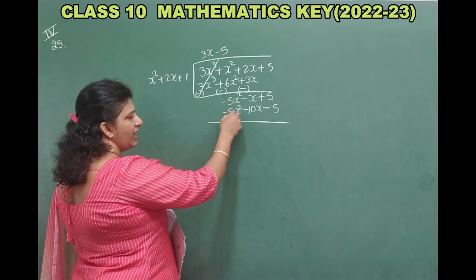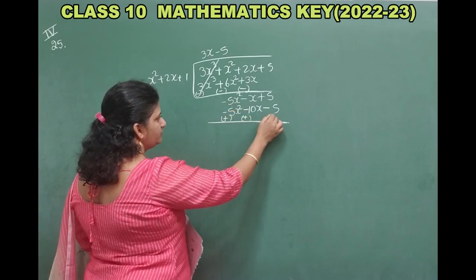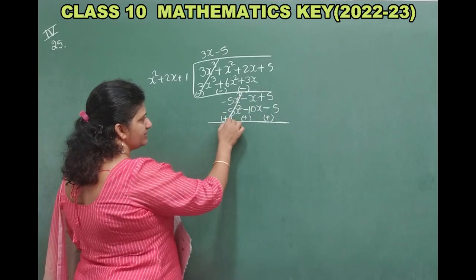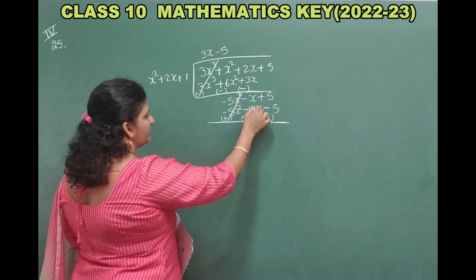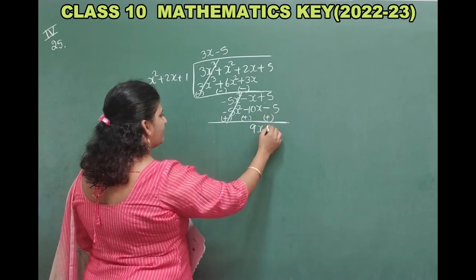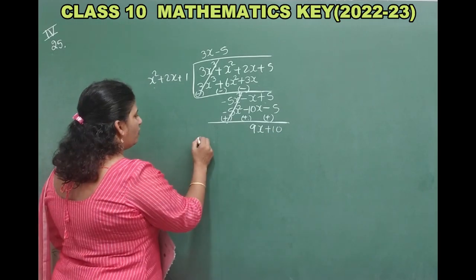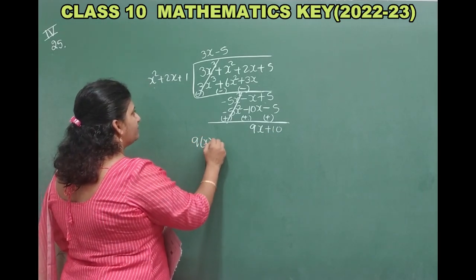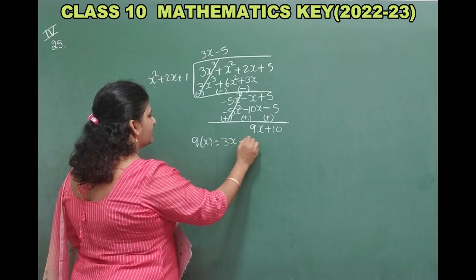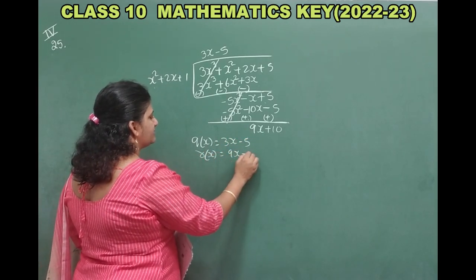Again, both are having the same sign, so subtract and change sign. Cancel. Minus x plus 10x, it will be 9x, plus 5 it will be plus 10. That's it. Therefore, what is your quotient of x? It will be 3x minus 5, and remainder of x is 9x plus 10.